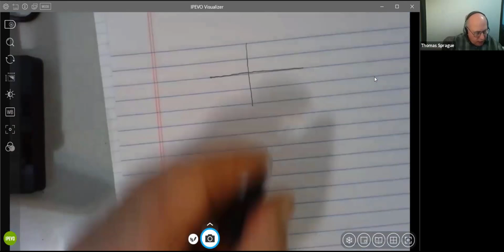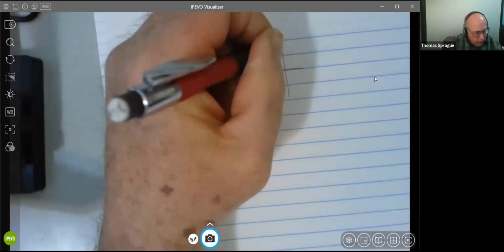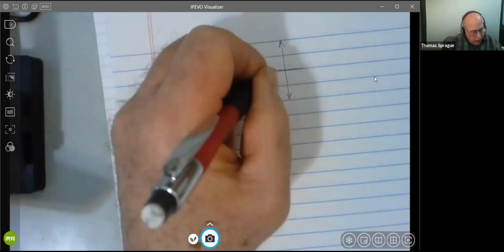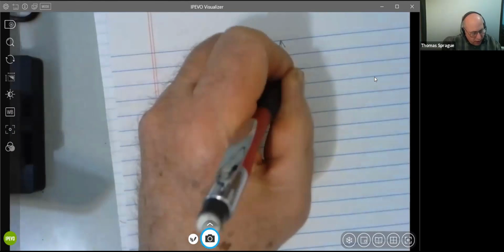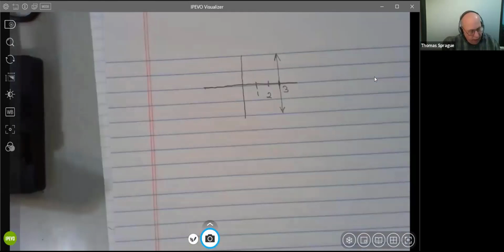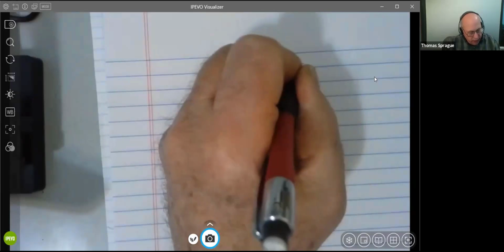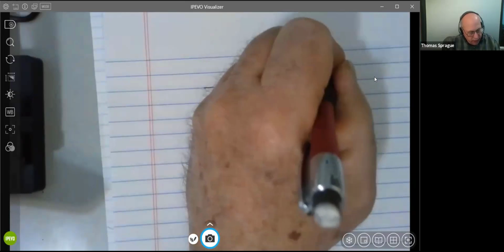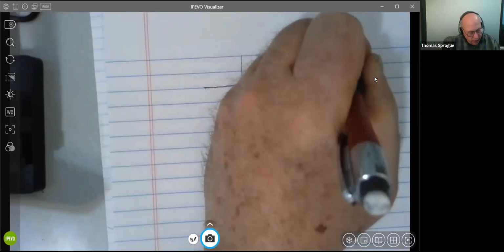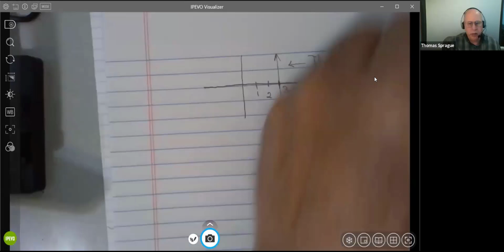Let's suppose I had this vertical line here, and it could be anything, but let's say it crosses the x-axis at 3. Then the equation of this line is x equals 3. It's all the points whose x equals 3. How would you convert that to polar form?